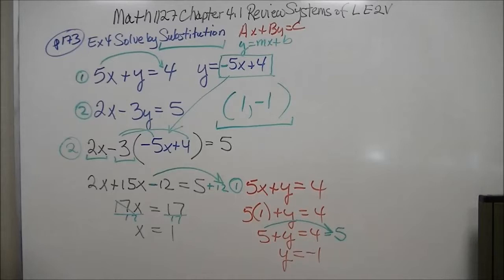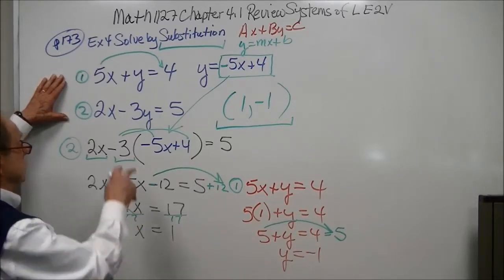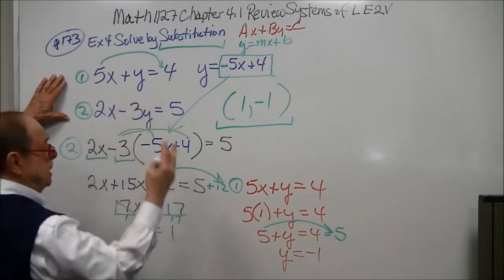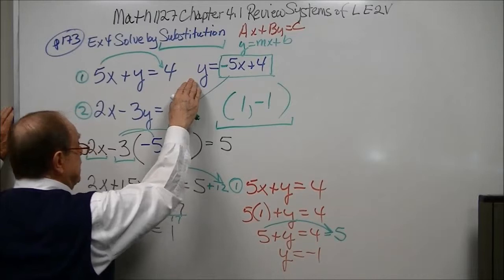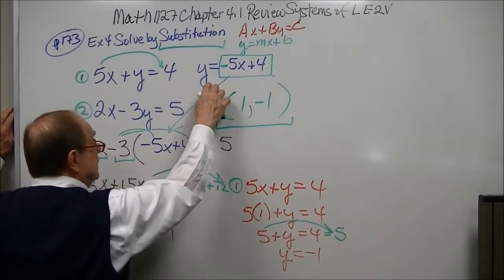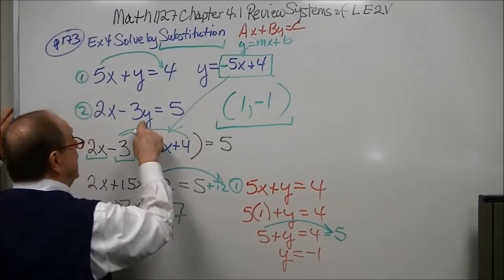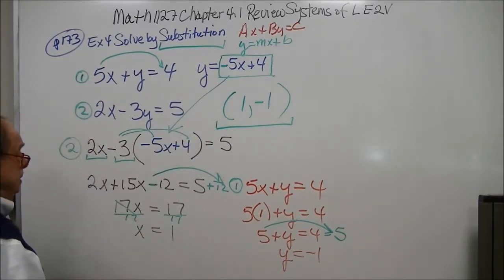So in review, you have your two equations. You're looking to solve for one of the letters. It could be x or y. You then solve for it. Then in the other equation, you put the value for y where y is. That's the process of substitution.